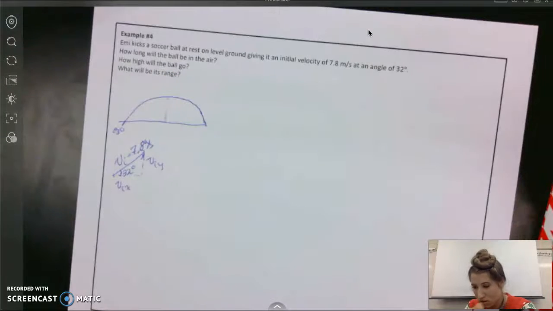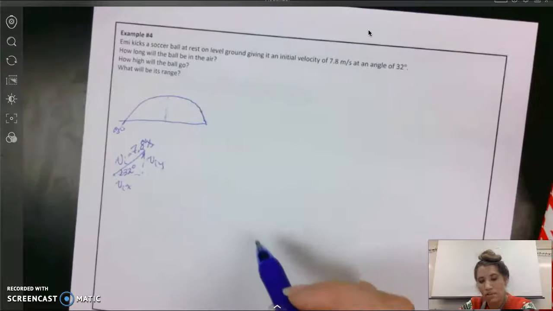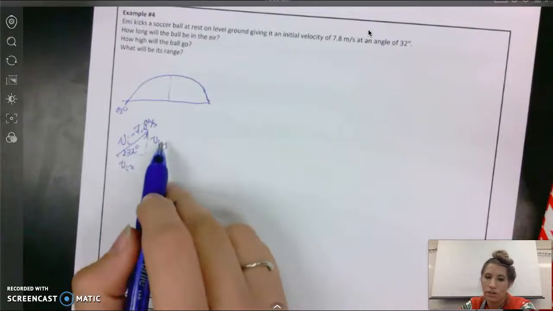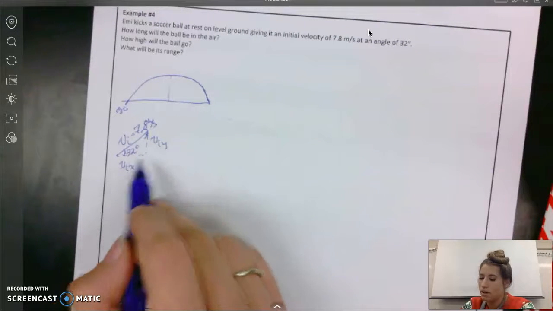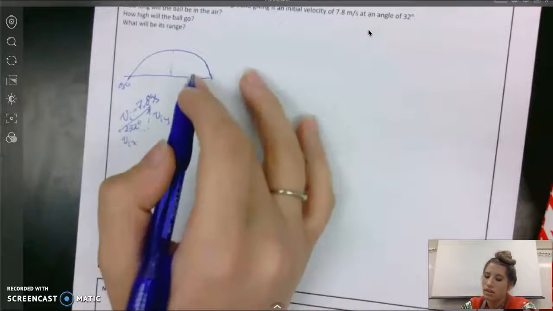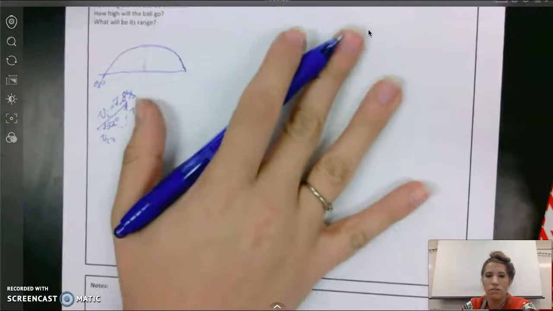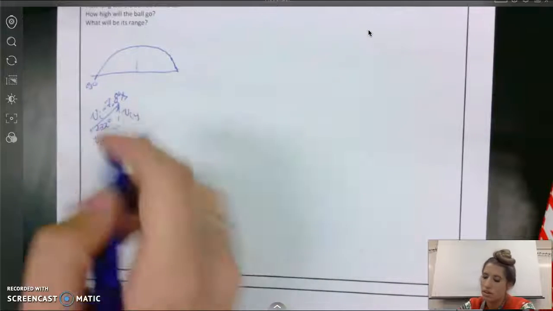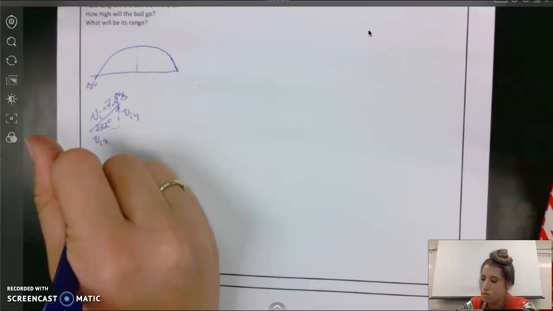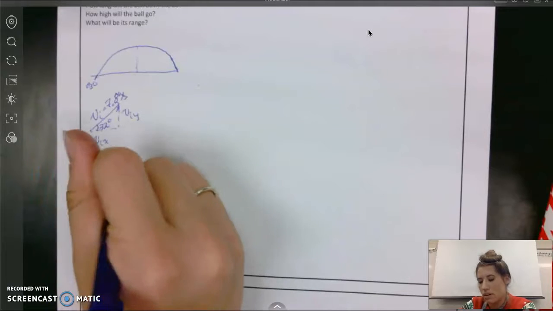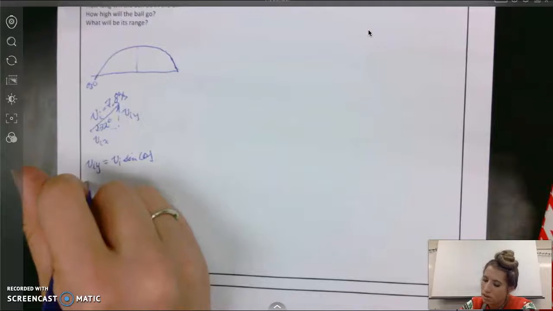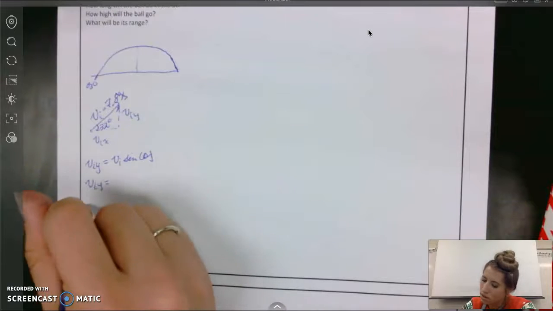We're going to say this is our initial, that's our final at the apex. We're going to use our trig skills to figure out velocity initial in the y and velocity initial in the x. And then we're going to make our list of knowns and unknowns. So velocity initial in the y is going to equal that initial velocity times the sine of the angle, and so I'll calculate a number in a moment.